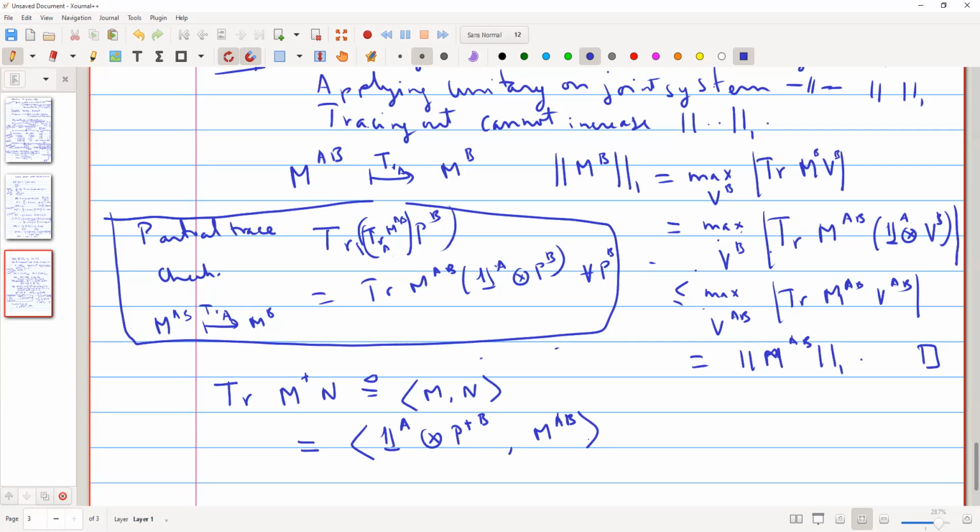And what is this operator? This is just the trace of M times I_A or P_B. The operator I'm talking about maps P dagger to identity on A tensor P dagger. This is a linear operator on matrices over B, right?